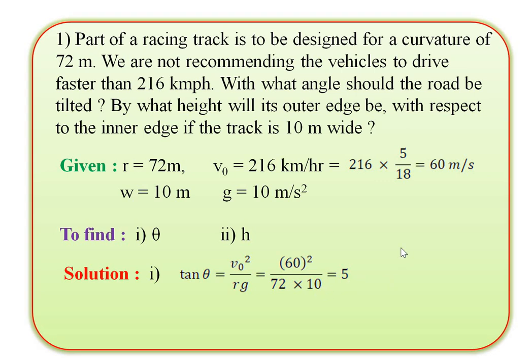That means theta equals tan inverse of 5. In the log table, natural tangent, tan inverse of 5 gives the angle and minute, that is theta equals 78 degree 4 minute. So we have found the first, theta, having the value 78 degree 4 minute.